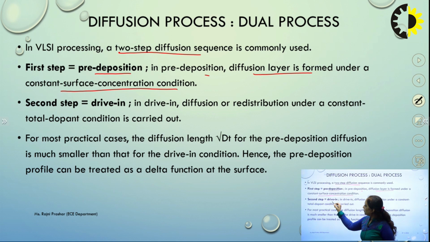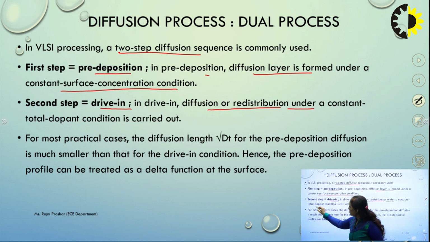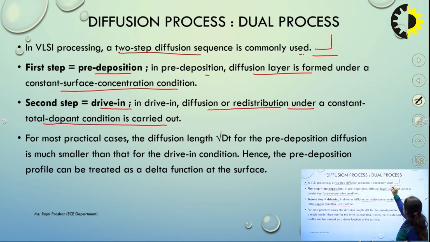And the second step we have seen is the drive-in process. In the drive-in process, the diffusion or redistribution is carried out under a constant total dopant condition, right? Suppose we have this reactor, and from here we supply some diffusion gases, and this is the reactor.